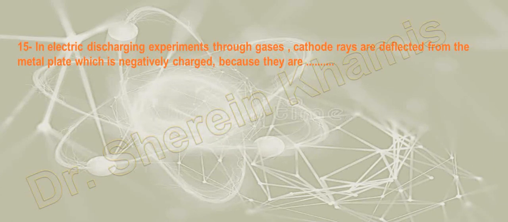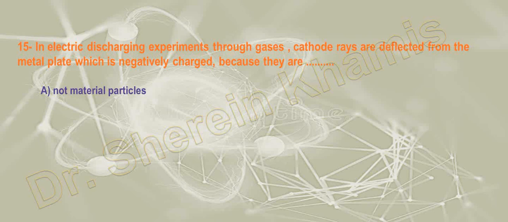This is the last question of this part. We have an experiment on discharging electricity through gases. Cathode rays are deflected from the metal plate, which is negatively charged, because they are, okay, if they have the same charge, they will go to the other side, so they are what? Negatively charged. Let's go to the choices.